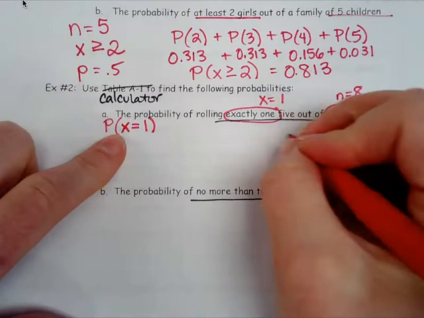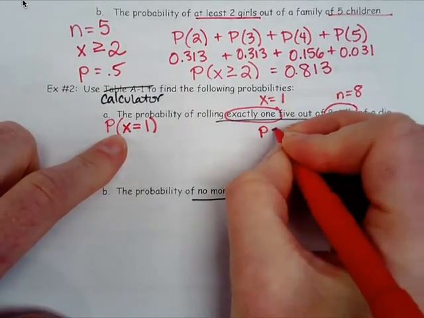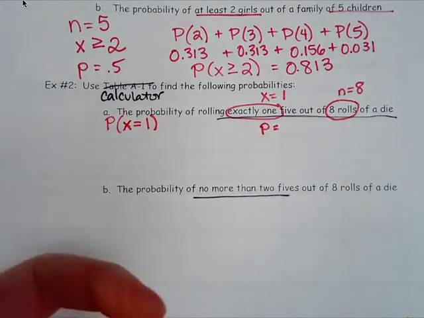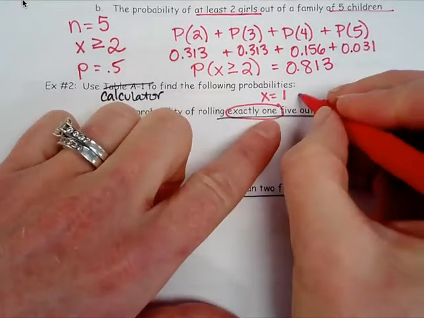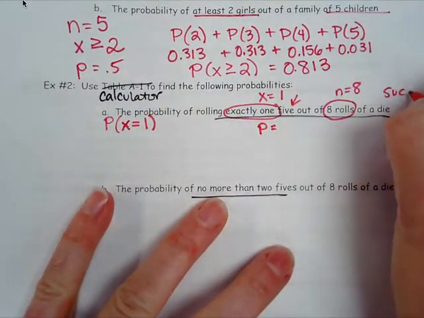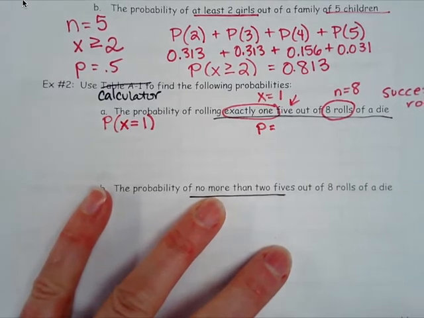We also need to find what P is. P is your probability of success. Well, success in this case is probability of rolling a 5. So I'm going to put success equals rolling a 5.